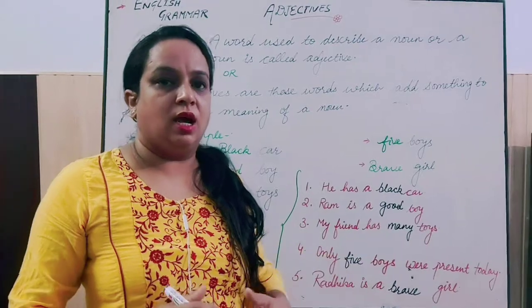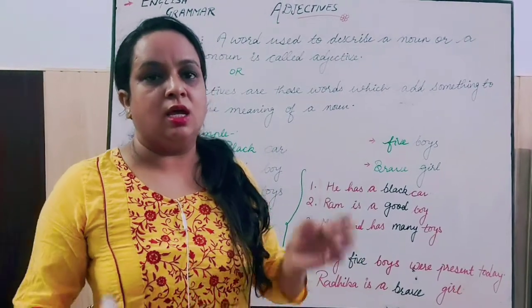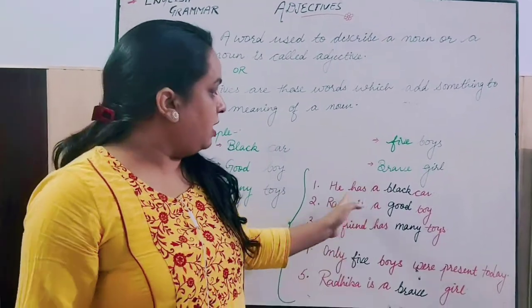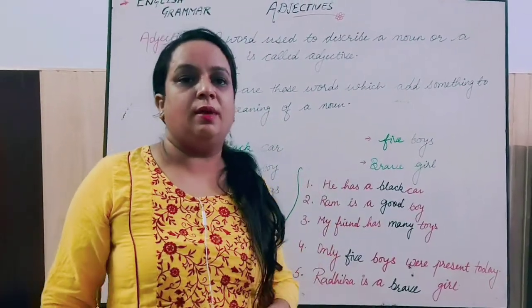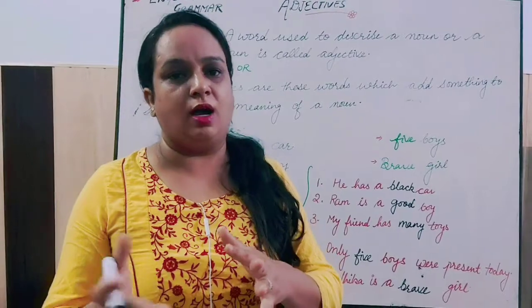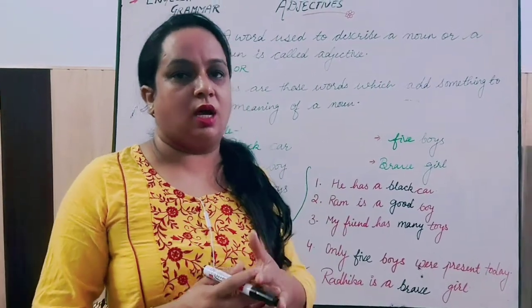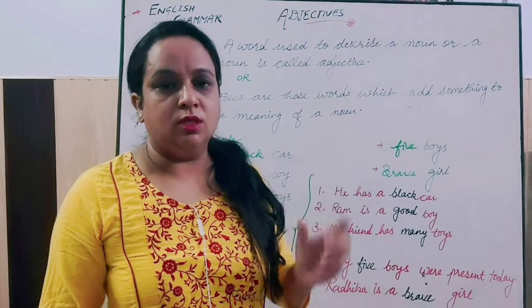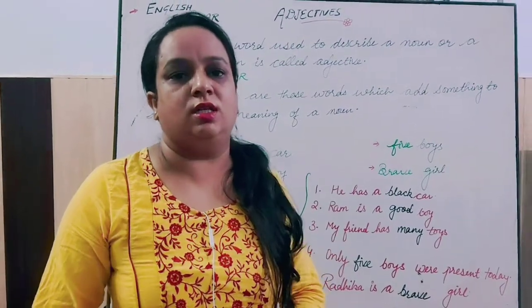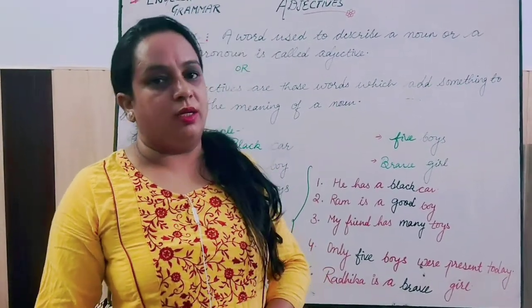But which type of car he has is not given. So if I say he has a black car, that is describing his car, which type of car, what is the color of his car. So this type of words which show the qualities of the nouns are known as adjectives.